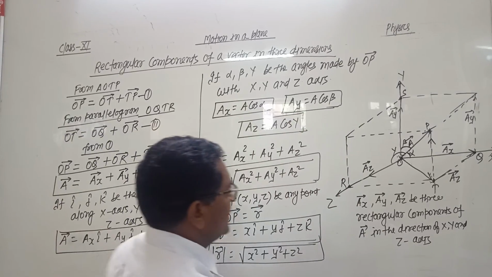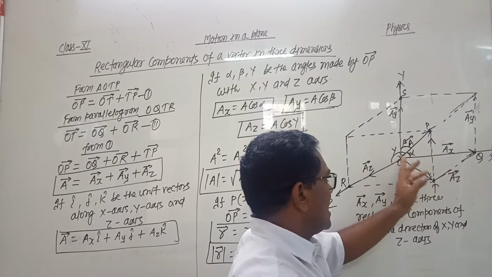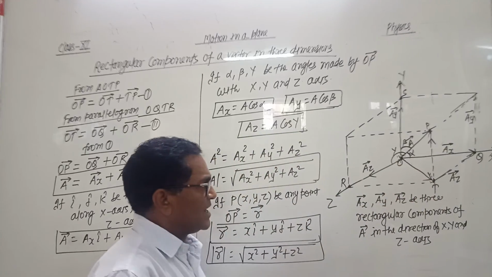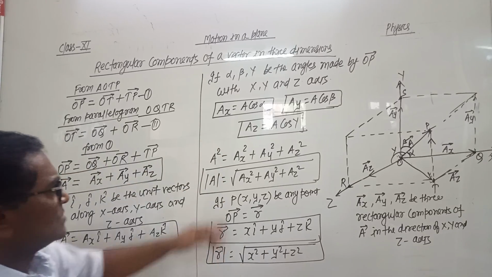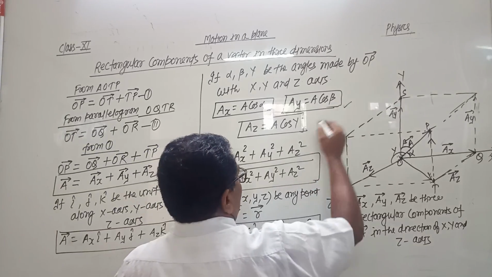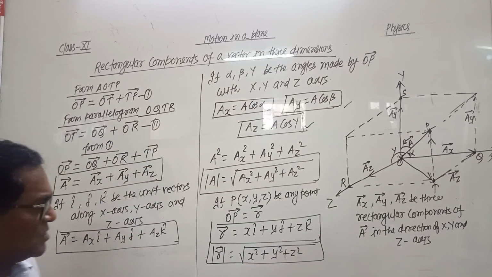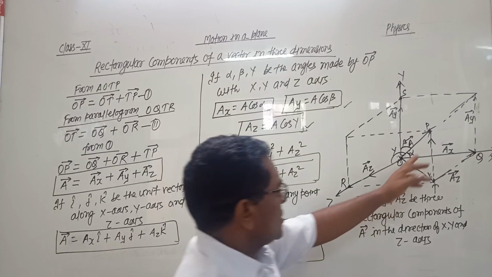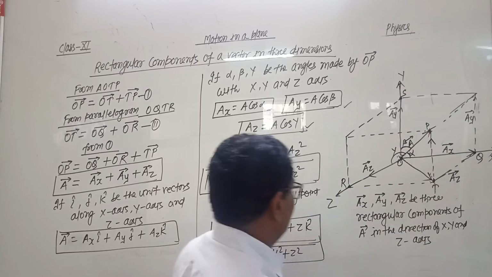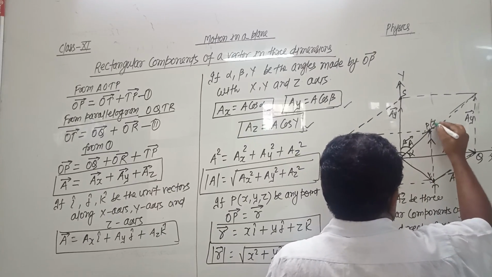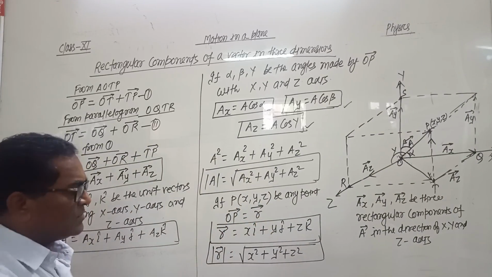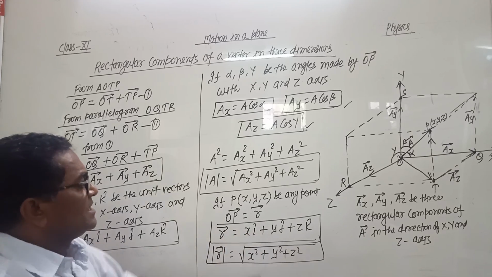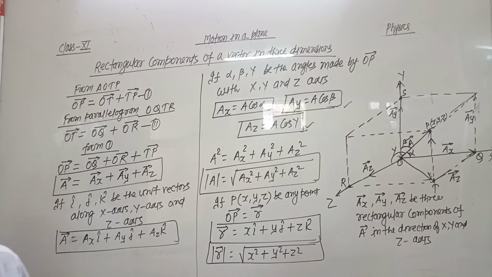And if alpha, beta, gamma are the angles made by the vector OP with the X axis, Y axis and Z axis, then AX equals A cos alpha, AY equals A cos beta and AZ equals A cos gamma. If the coordinates of point P are x, y, z and OP is the position vector r, then the r vector is written as x i cap plus y j cap plus z k cap, and its magnitude is also calculated.